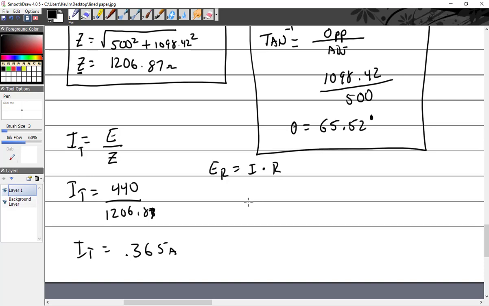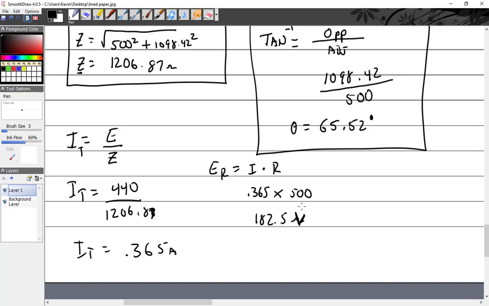So E of R is I times R, so that's 0.365 times resistance, which was 500. 0.365 times 500 equals 182.5. So it's 182.5 ohms for E of R. Why ohms? It's volts. I'm sorry, volts, thanks. Because I'm thinking about three things at once up here.